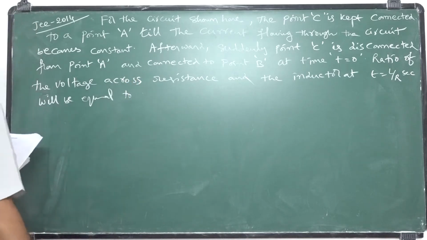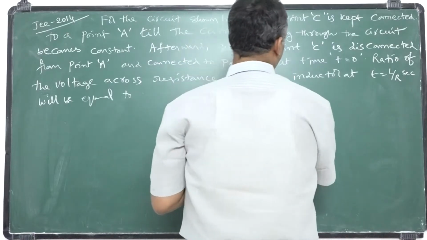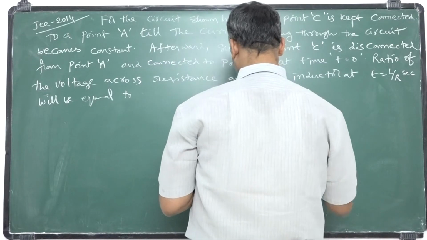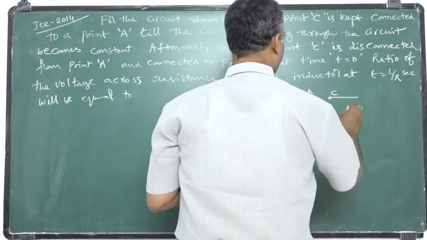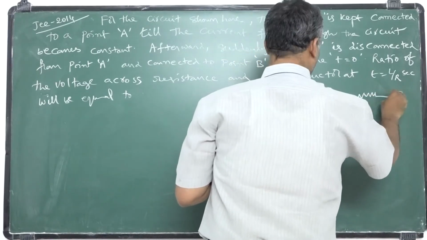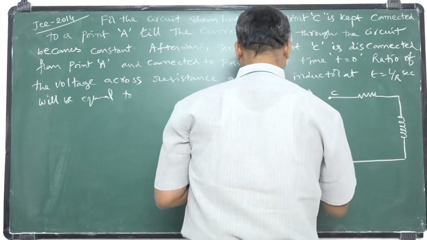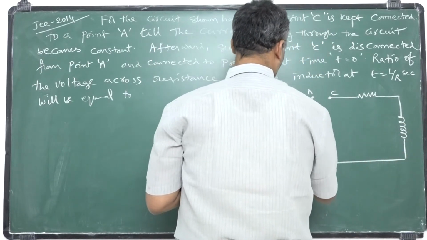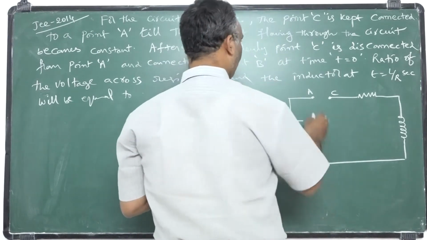this is the question. The question figure is like this. Here is point A, here is point C, resistor, inductor and capacitor. All the three are in series combination initially.